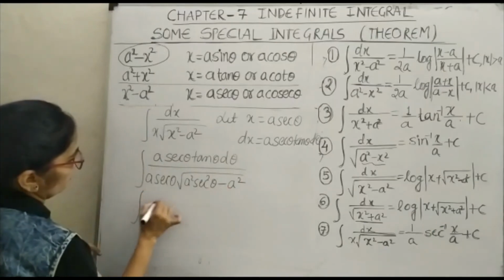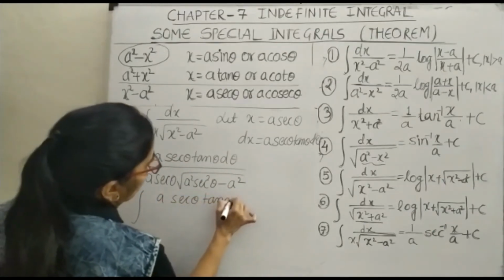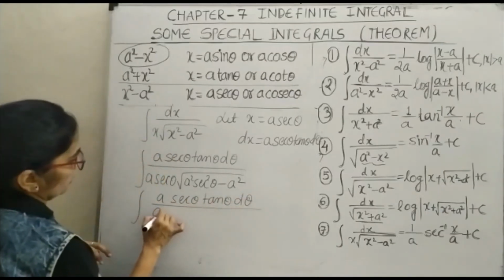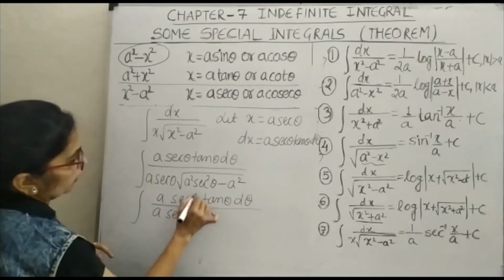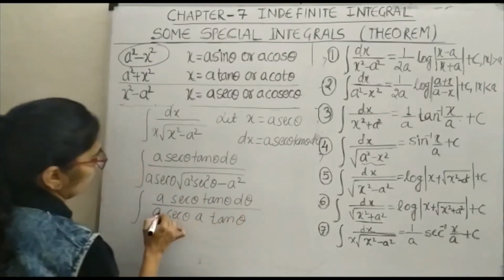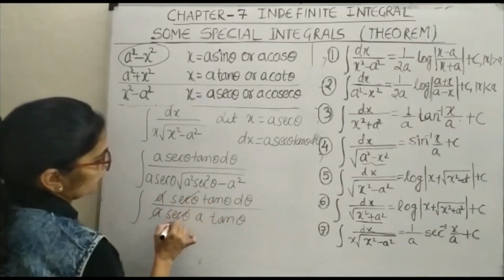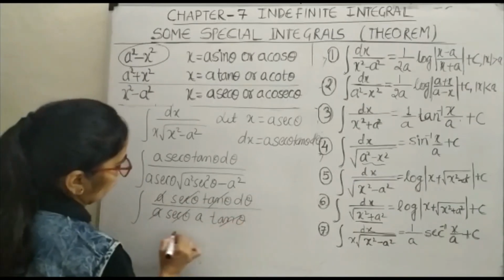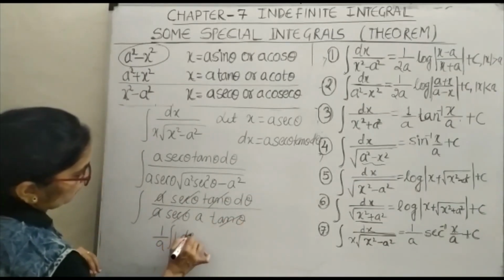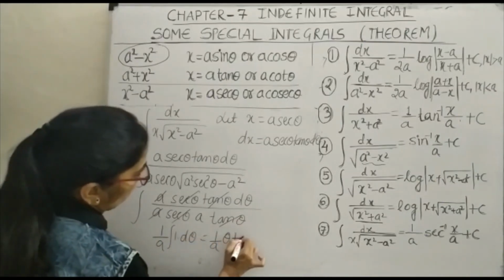So this takes the form a sec theta, tan theta, d theta upon a sec theta, और ये आपका हो जाएगा a tan theta. You can see here this a and a is cancelled, one a is left here, sec theta, tan theta. So we are here with 1 upon a, 1 d theta, that is 1 upon a theta plus c.